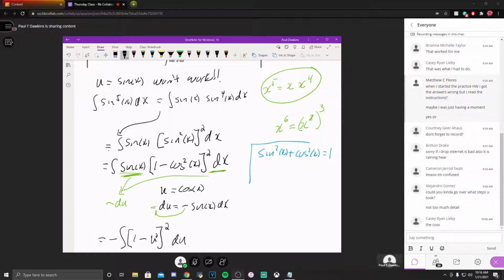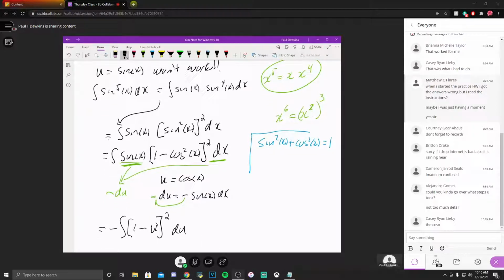Okay, so how did I know to do this? Well, looking back at what I want here, I want to be able to do this substitution and have something easy to deal with here, i.e. something that's not a fraction, because that puts me in the next section. So I want an integer here, which means I had to have an even number here, and I needed this sine sitting out in front.